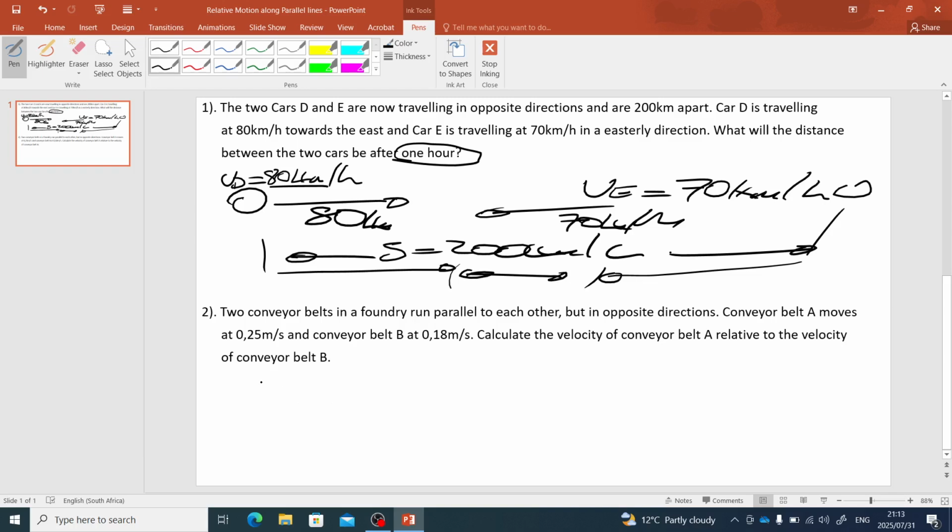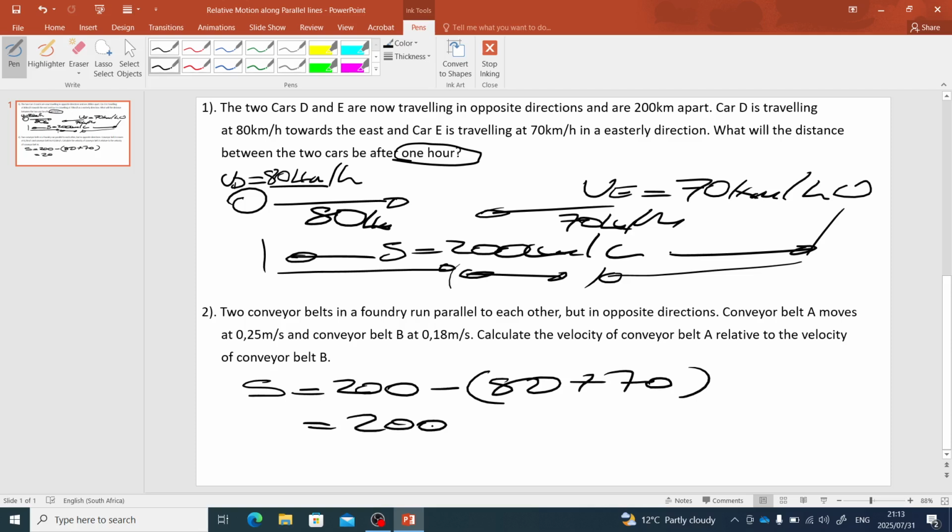In calculating that, S equals 200 minus open bracket 80 plus 70. Then we get our answer as 200 minus 150. After an hour, the distance between the two would be 50 kilometers.